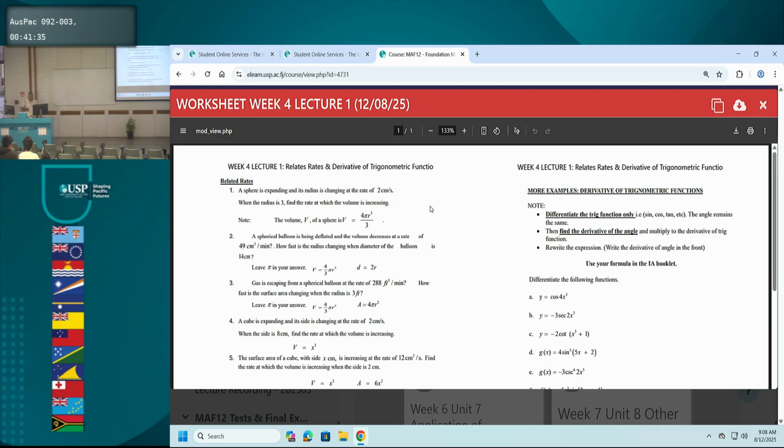So in this case, you're asked to find the rate of change of radius. How fast is the radius changing? Now, what information are we supplied with? Here's one piece of information. Volume decreases at the rate of. I need you to write that as a mathematical expression.